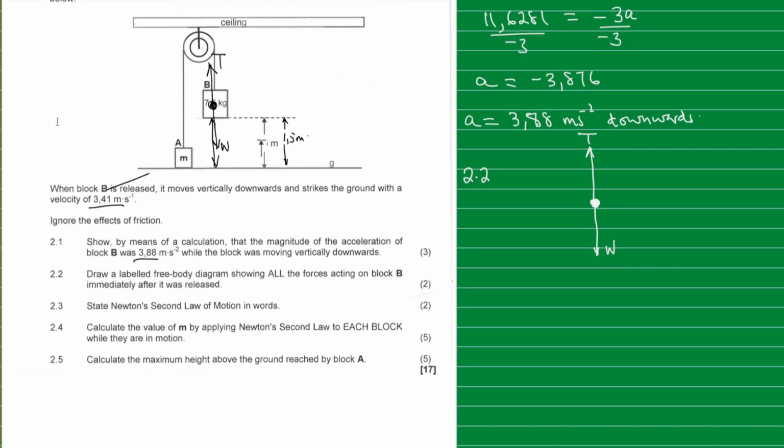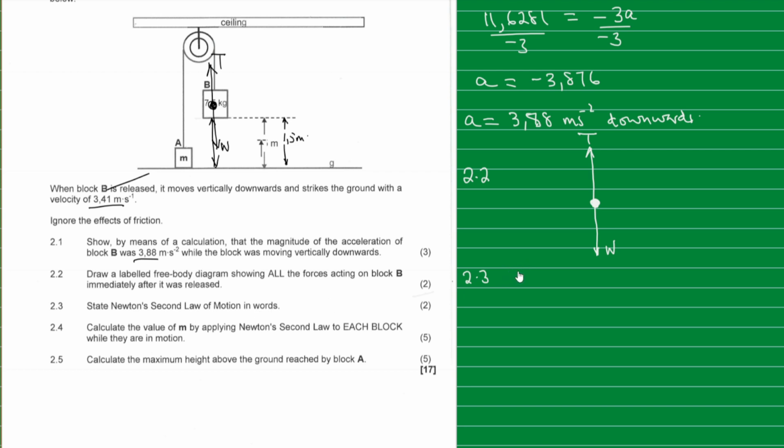Now question 2.3: state Newton's second law of motion in words. You know this one, you have to state it in words.